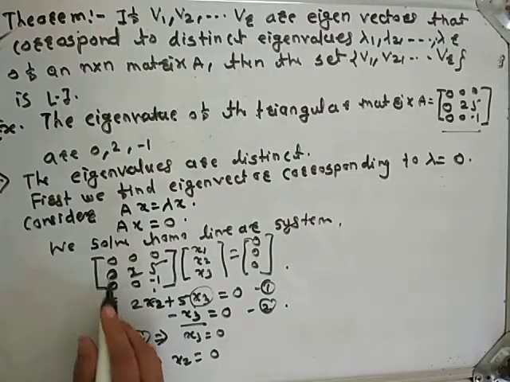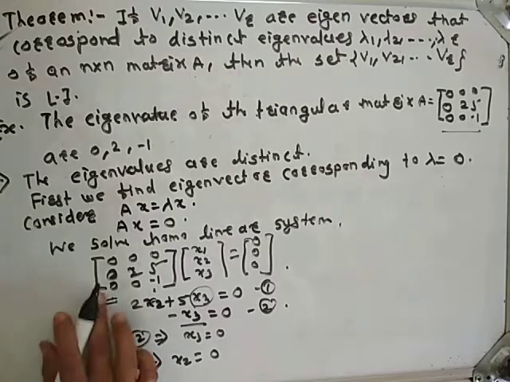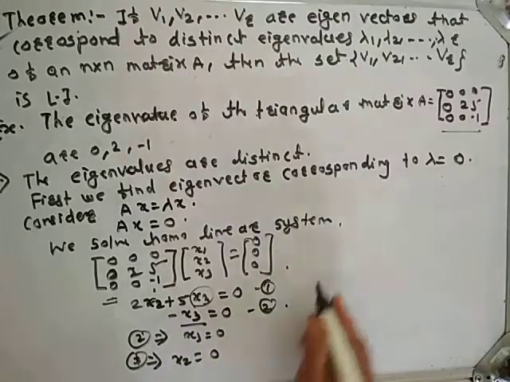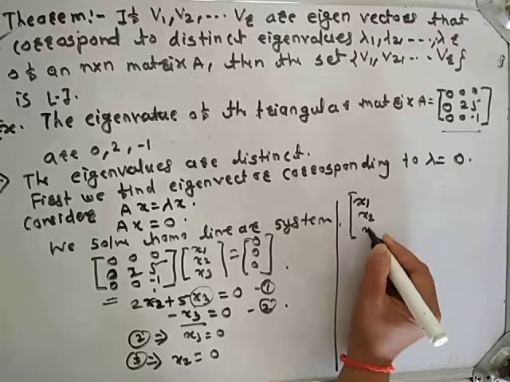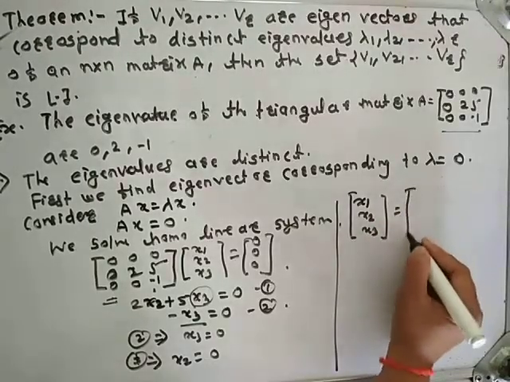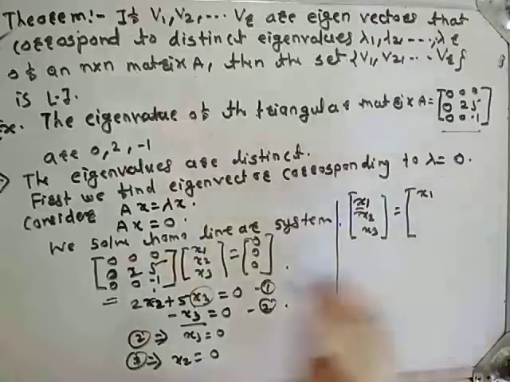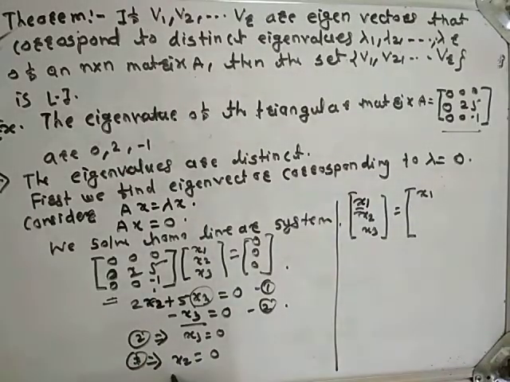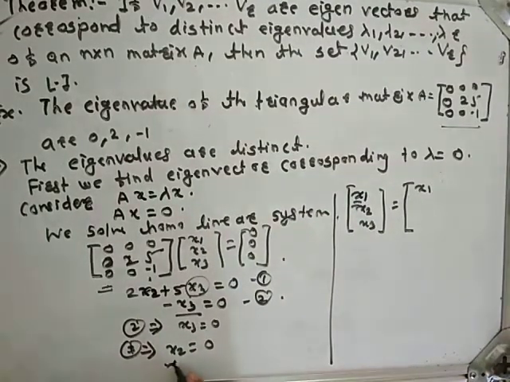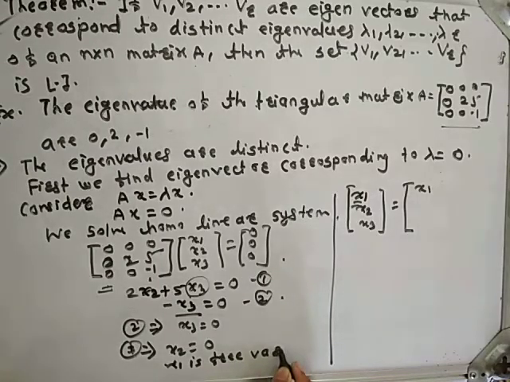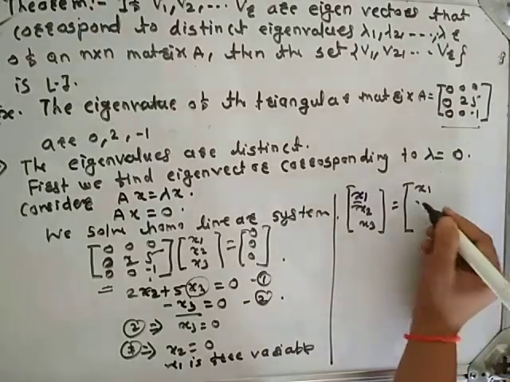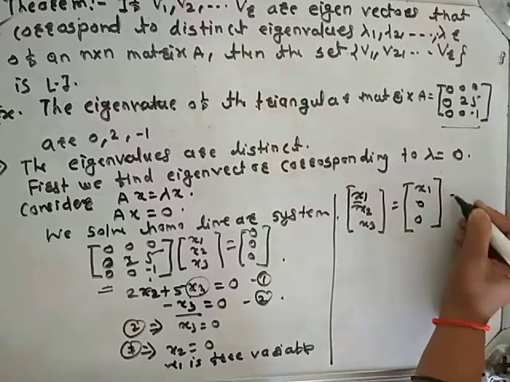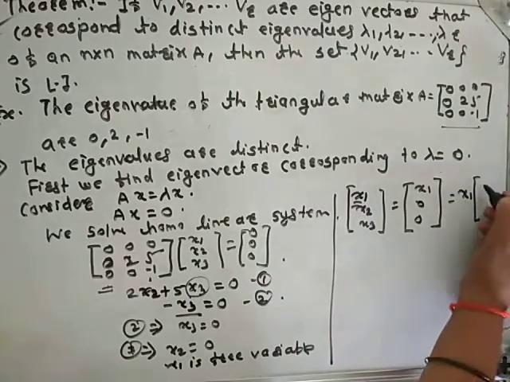But here column 1 does not have a leading entry, so x1 is a free variable. So we will get values of x1, x2, x3 as: x1 is arbitrary, so keep it as it is, because x1 is a free variable, x2 is 0, x3 is 0. This can be written as x1 times 1, 0, 0.